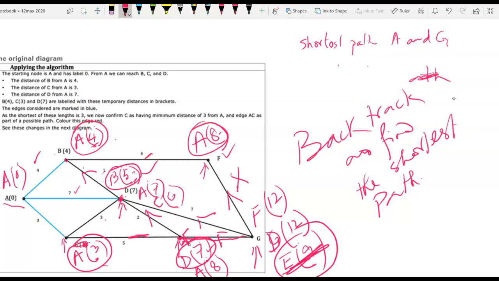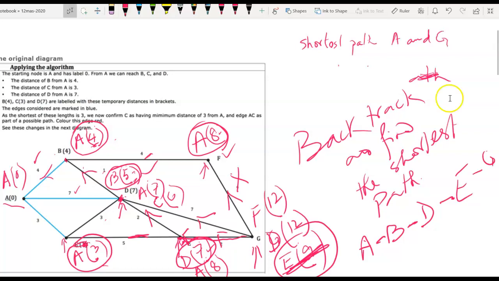And then finally, 4 minus 4, so the route will be A, B, D, E, G.